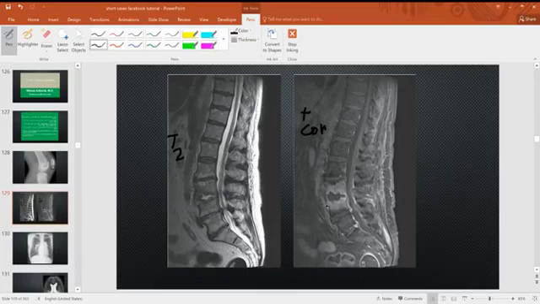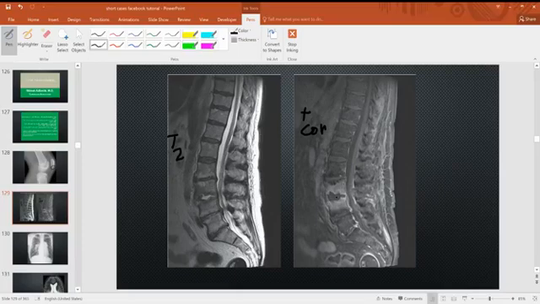After contrast, this is the enhancing of the vertebra from the infection, and this is the collection in the disc space and in the plates, and we should drain that collection. So this is an infective process.